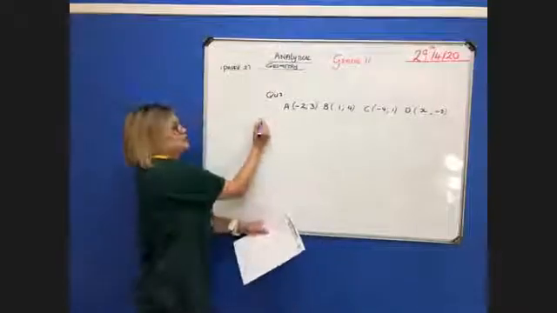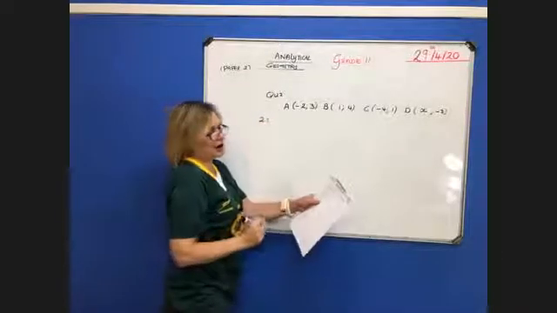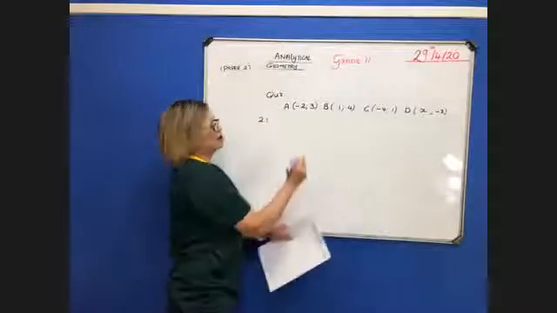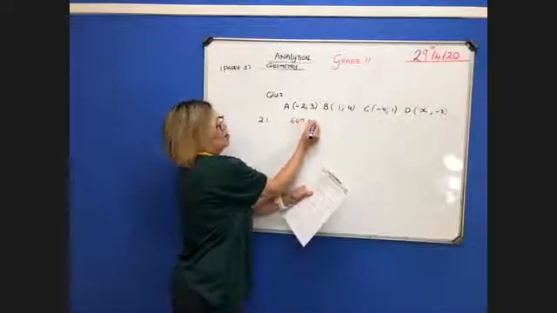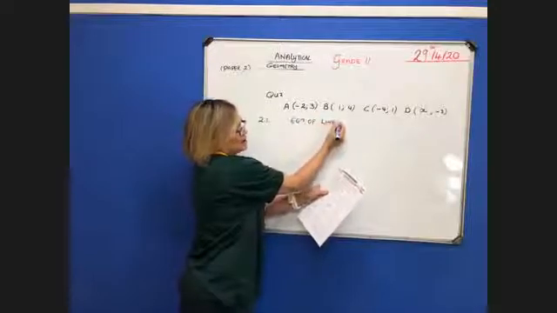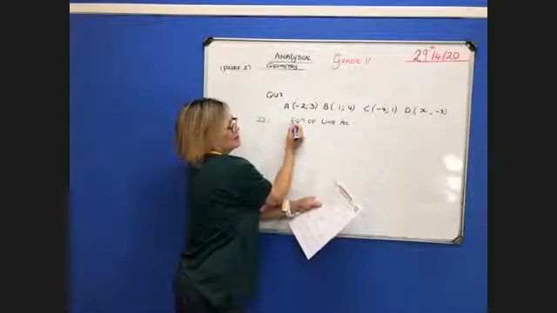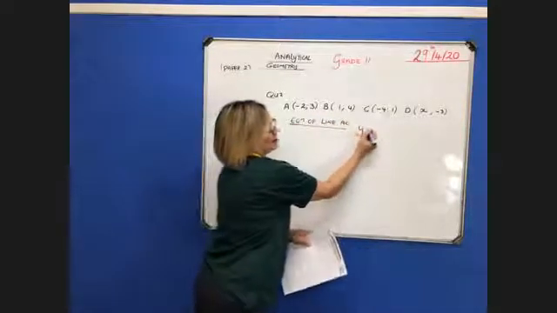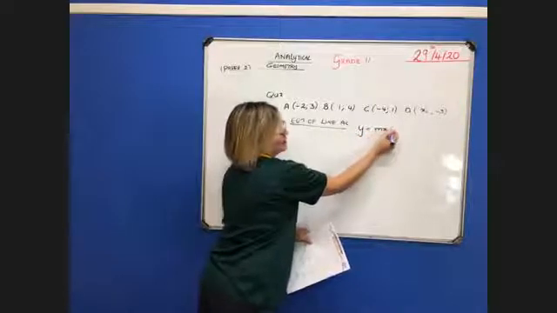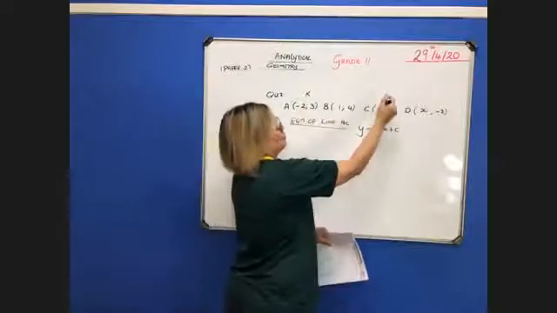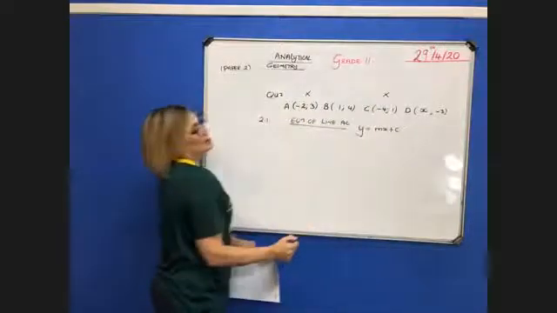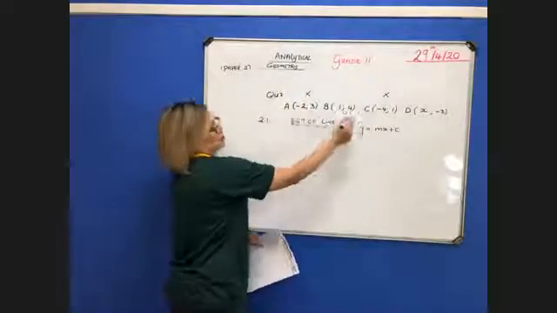So the first question is going to be a straightforward level 1. Can you determine the equation? Now they want the equation of the straight line AC. Now we know a straight line is y equals mx plus c. So it's got to go through point A and through point C. So we're only interested in those 2 coordinates.